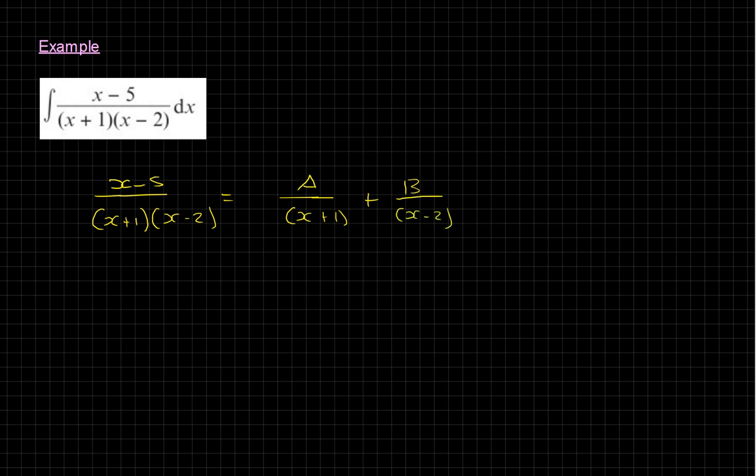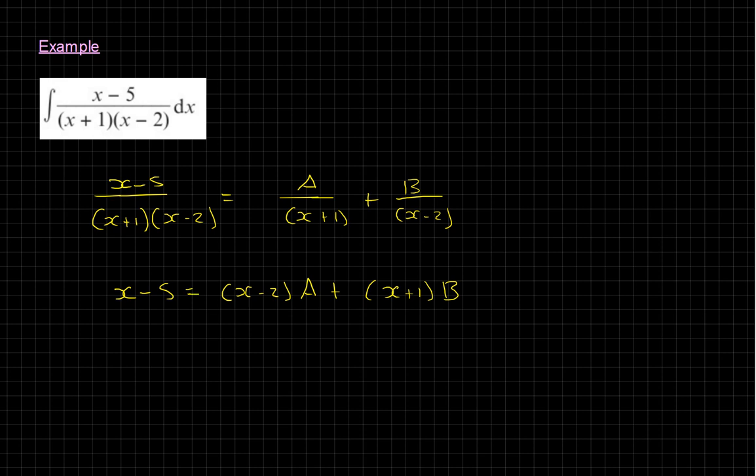Then multiply both sides by x plus 1, x minus 2, and we get the following.